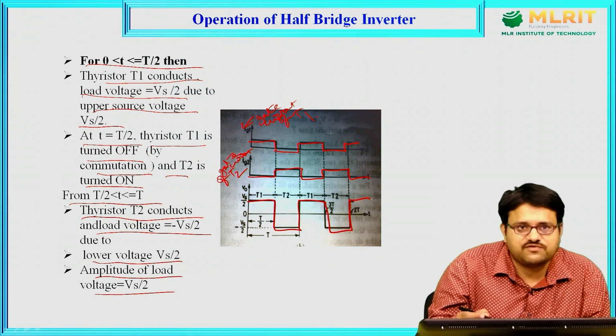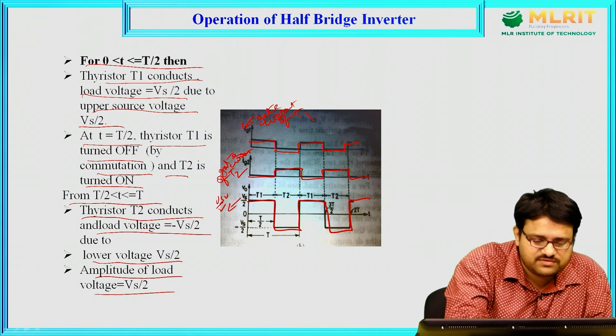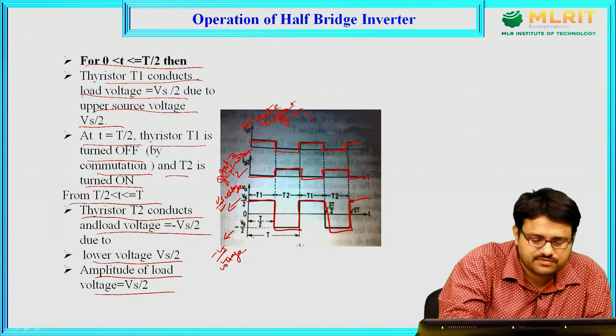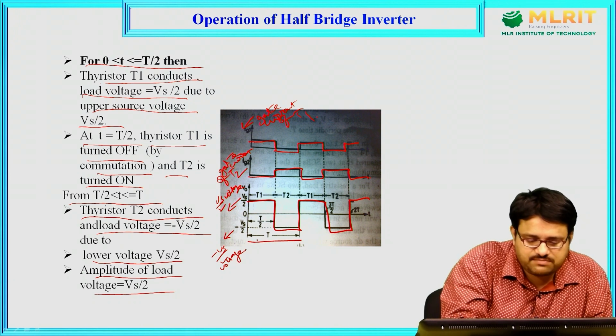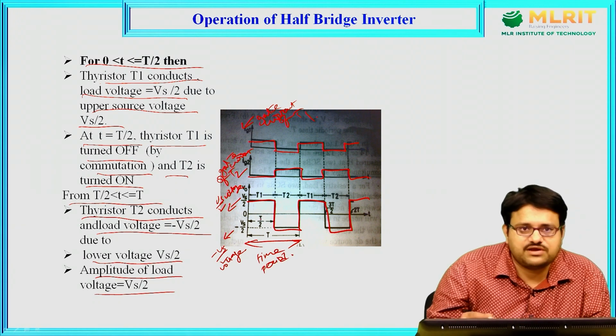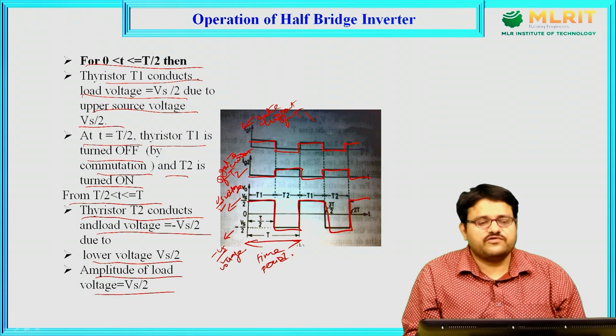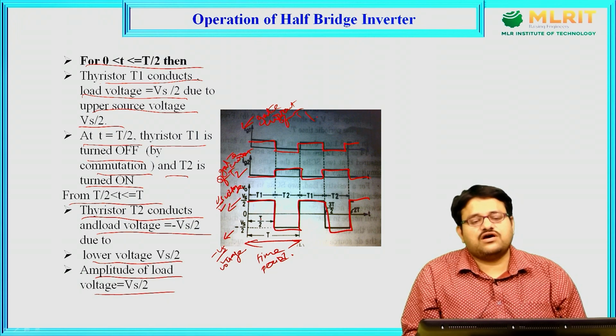So this is the waveform here. This is the Vs by 2 voltage and this is the minus Vs by 2 voltage. This is the time period, the total time period. So this is the waveform of a single phase half bridge inverter.